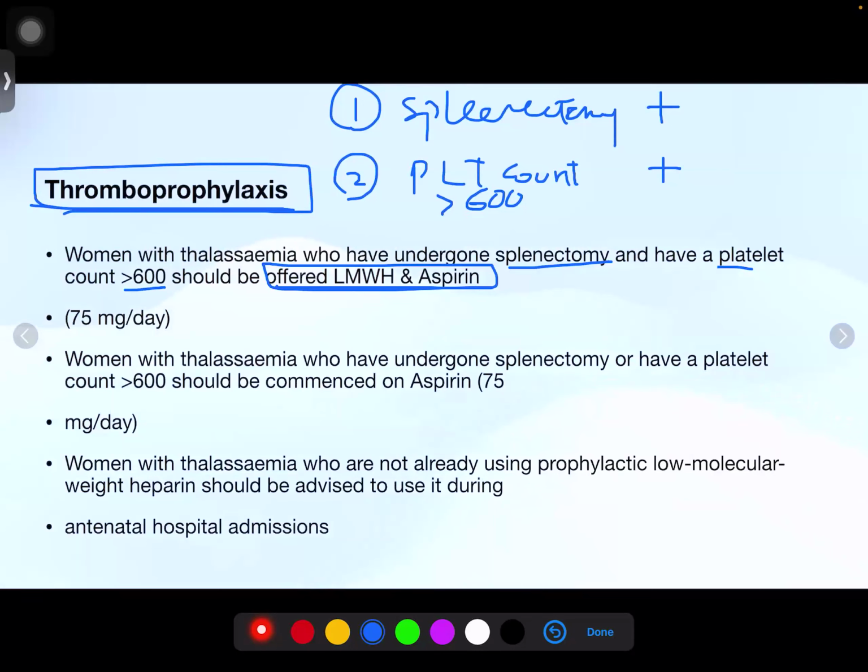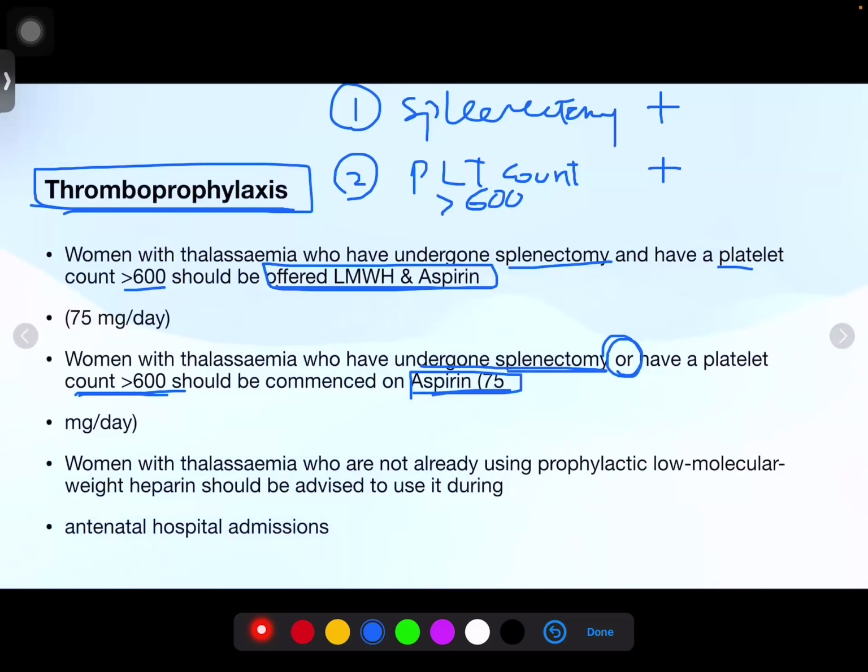Okay, now if only one thing is present, either splenectomy, or the platelet count is more than 600, then just the aspirin. Okay, that is 75 milligrams per day.